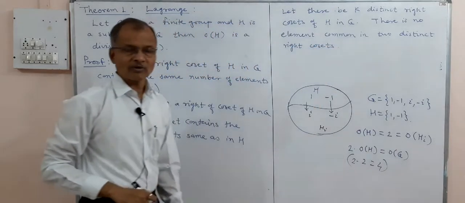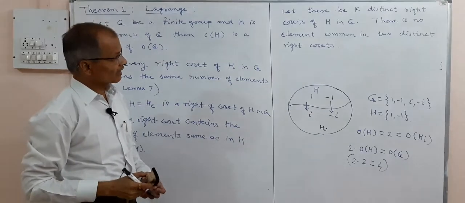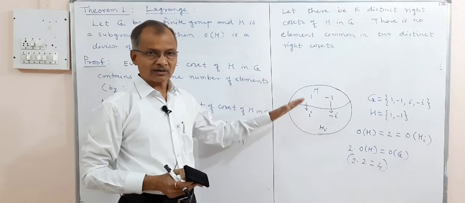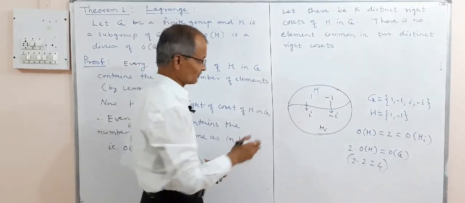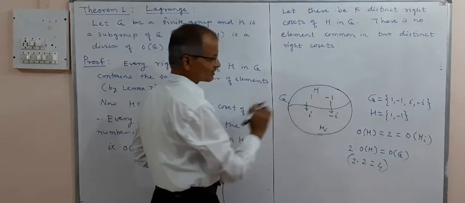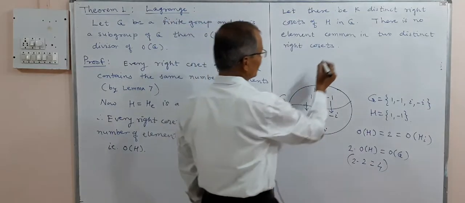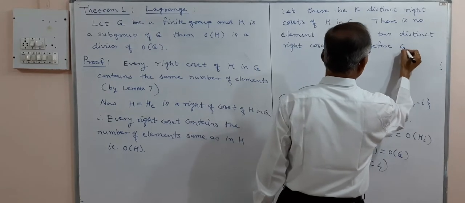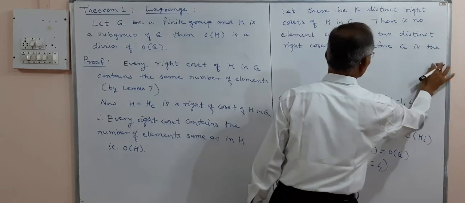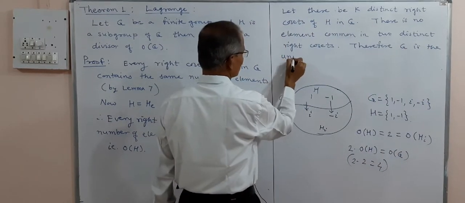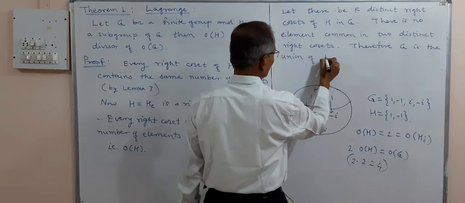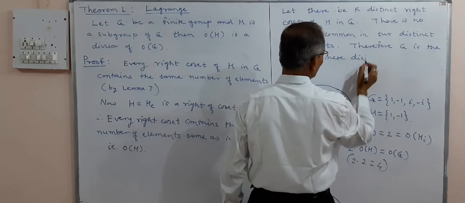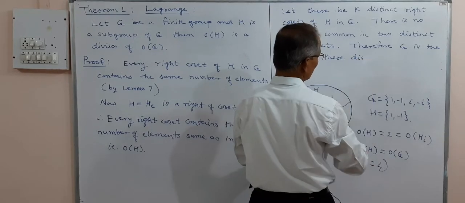There is no element common in two distinct right cosets, and therefore all the right cosets fill up the set G. That means G is the union of these distinct and disjoint right cosets.